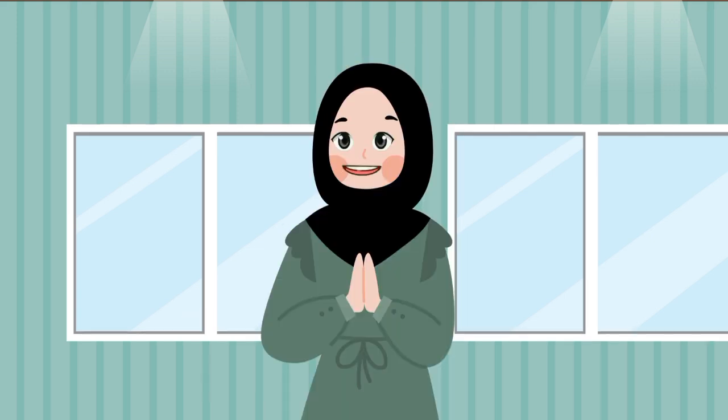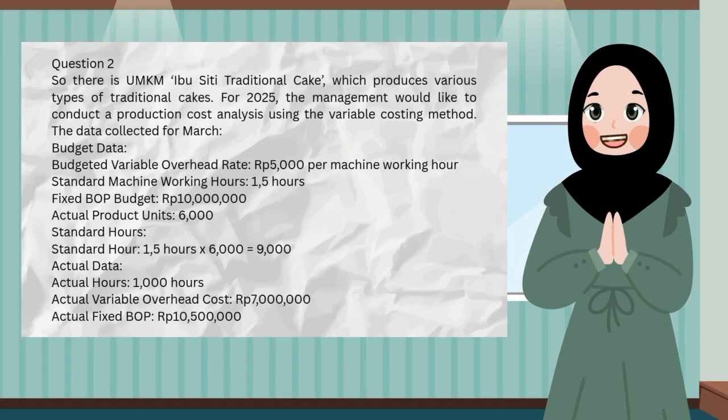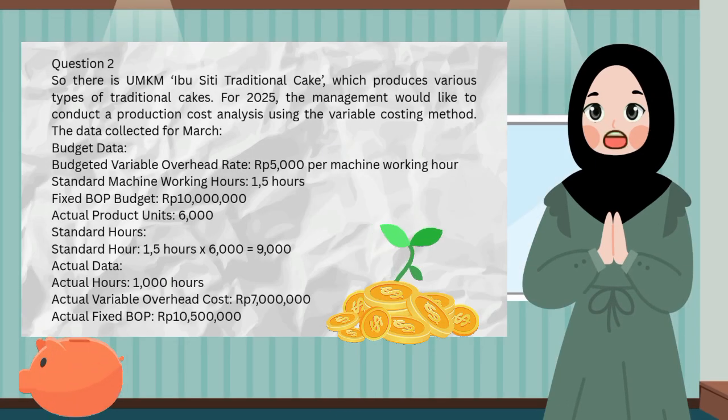Okay, so I will explain the example question 2. There is Ibu Siti traditional cake, which produces various types of traditional cakes. For 2025, the management would like to conduct a cost analysis using the variable costing method. So the data collected for March: there are budget data.